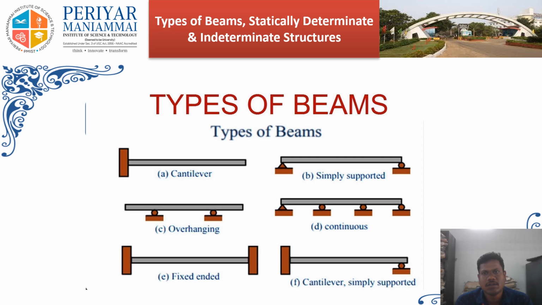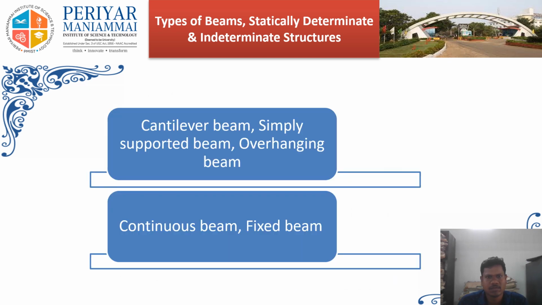Next. Now let us see the types of structures. We can say statically determinate structure and statically indeterminate structure. These are the 2 categories of structures.